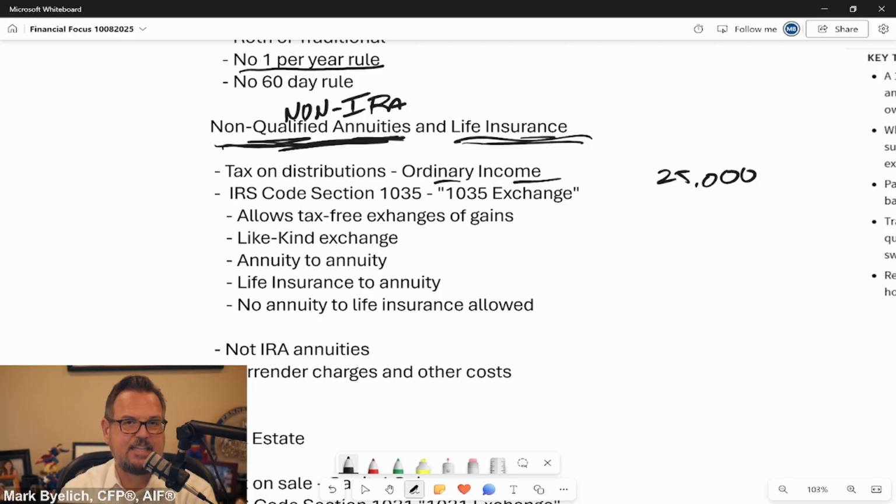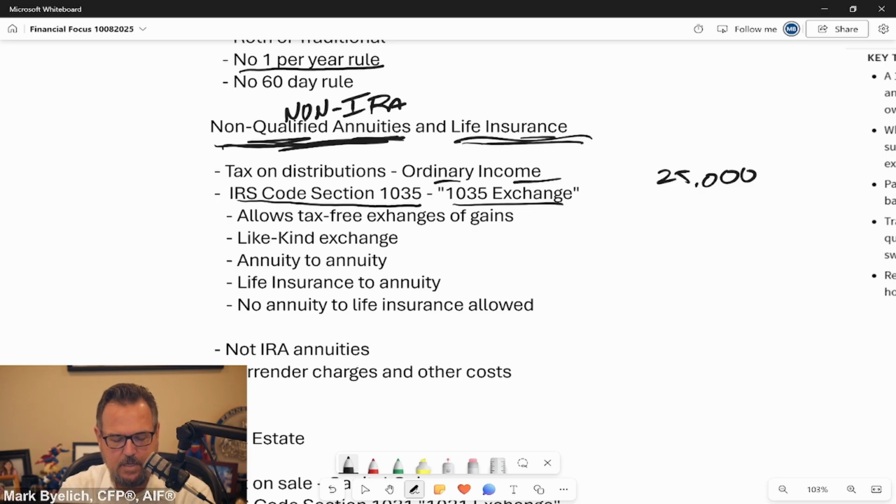There is a section in the IRS code that allows for tax-free, really tax-deferred, exchanges. That is IRS Code Section 1035, also called 1035 exchanges. It allows tax-free and tax-deferred exchanges of gains.